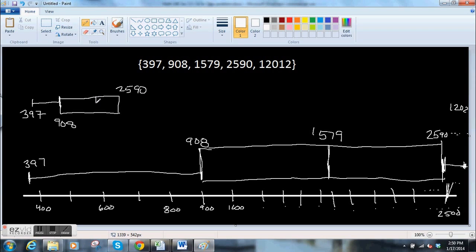The median's closer to this side. It's like this. 1579. That's the median. That's the middle number there. And then 12,000 would be more like this. Way, way out here. This is 12,012. So I like this second box plot better.